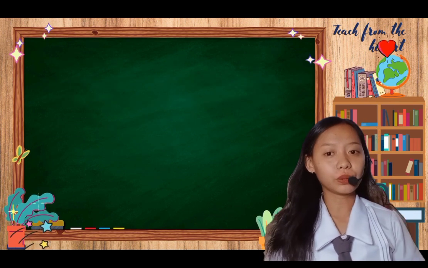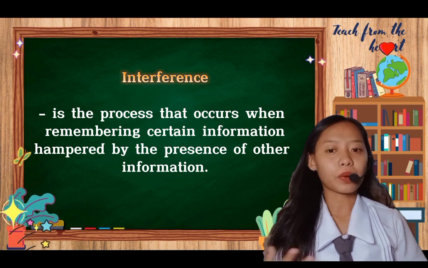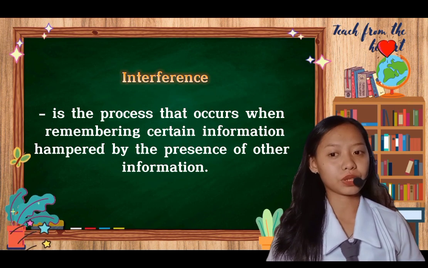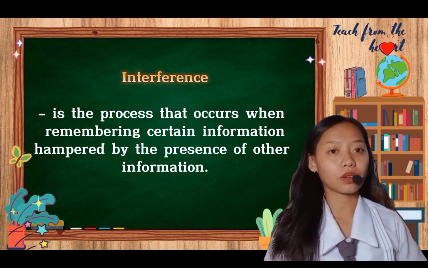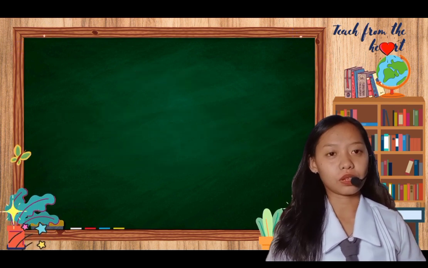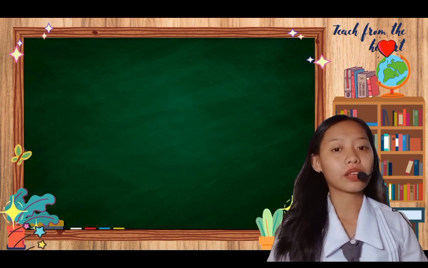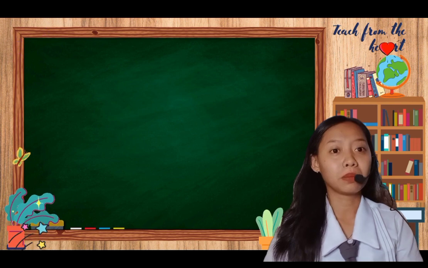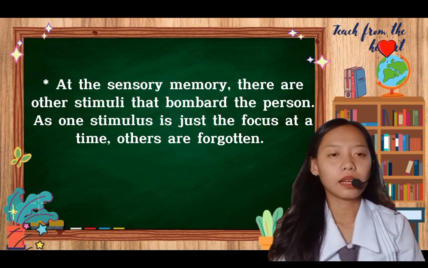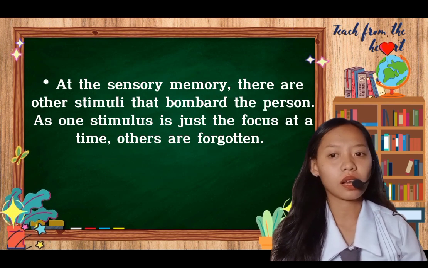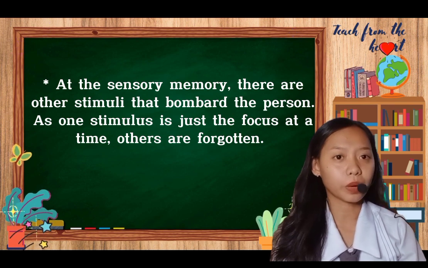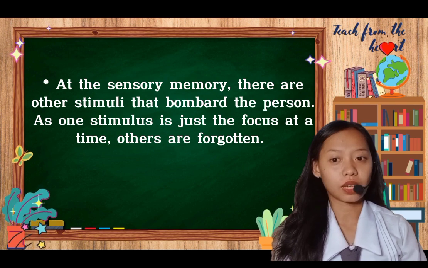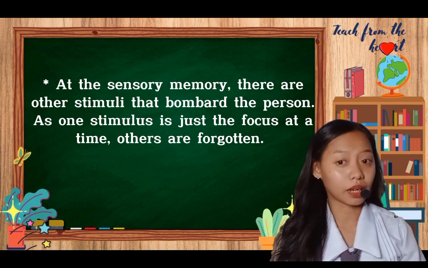Let's move on to interference. It is the process that occurs when remembering certain information is hampered by the presence of other information. So because of the other information, the certain information is blocked or hampered. In the sensory memory, there are other stimuli that bombard the person. As one stimulus is the focus at a time, others are forgotten.